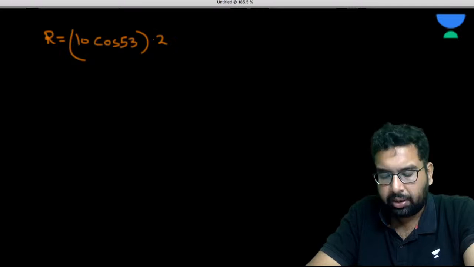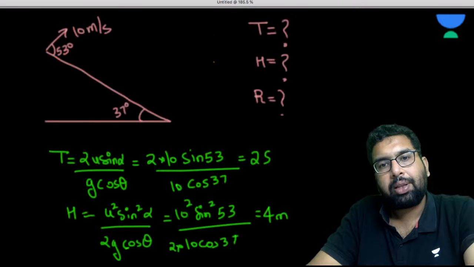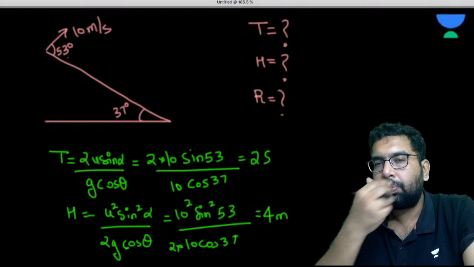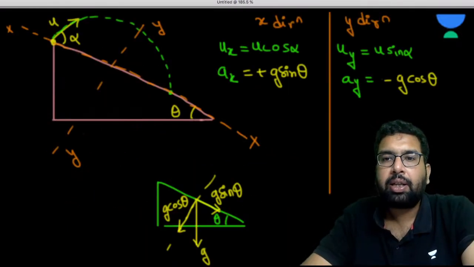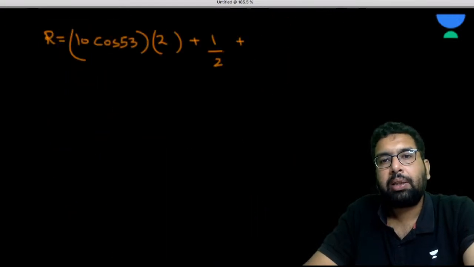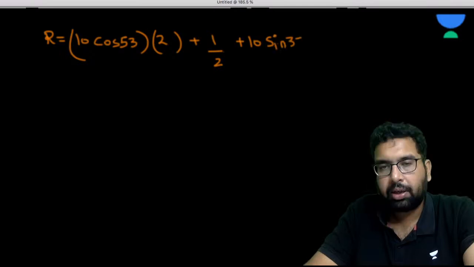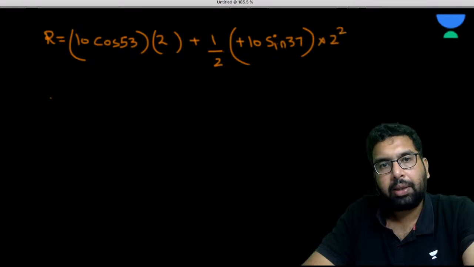Now plus half, what is the acceleration? So here in the case of top to down projectile, it is going to be plus g sine theta, that is plus 10 sine theta. So sine theta is sine 37, into 2 square. Let's see what we get.